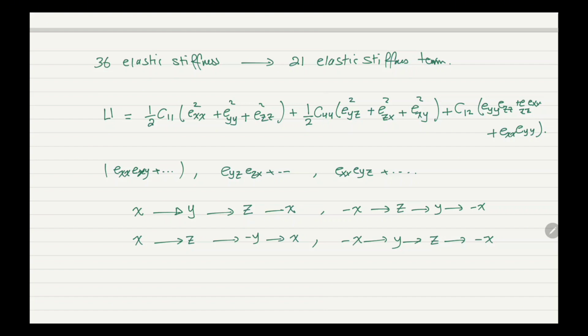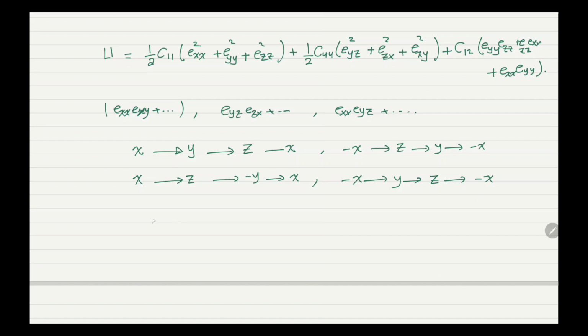For instance, EXX square plus EYY square plus EZZ square, under the first of these schemes becomes EYY square plus EZZ square plus EXX square.